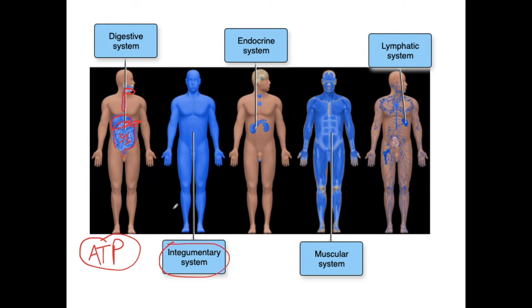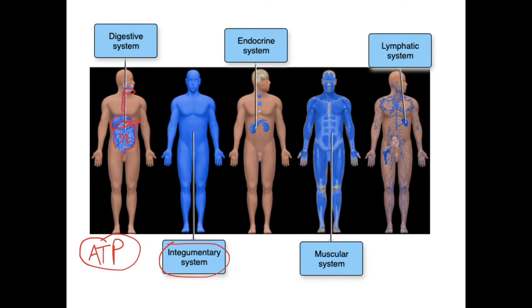Integumentary, well, that's the skin, hair, and nails, and that is the first line of defense of your immune system, this external barrier. It protects everything on the inside. So the integumentary, especially the skin, then you have the hair and the nails, still part of the integumentary system. That's your first line of defense, first part of the immune system.